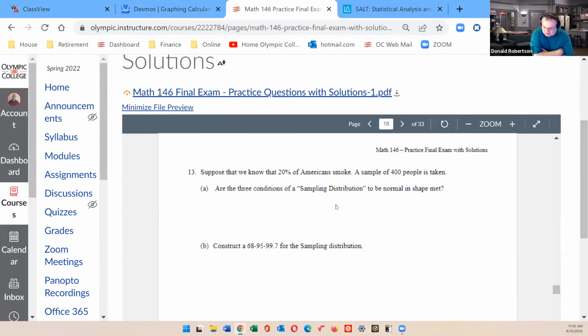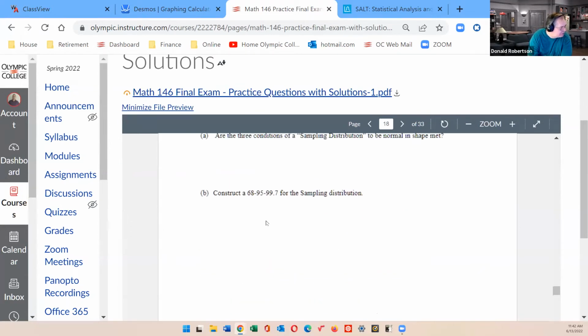Now, actually, the test for 400 to be big enough is called the 10 test. So what you would do is 400 times 0.2 and 400 times 0.8, the n times P and n times 1 minus P, and they have to be bigger than or equal to 10. So yes, the conditions are met. And then it says construct these.